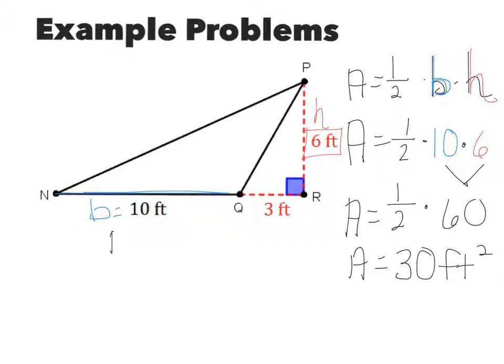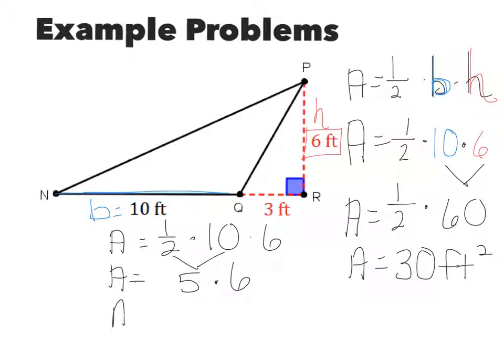Just so you see that the order does not matter, let's do 1/2 times 10 times 6. So 1/2 times 10 is 5. And then we have 5 times 6, which gives me 30 as well. So it doesn't matter the order that you multiply in, because multiplication has that awesome property called the associative property that tells you it doesn't matter which order you're multiplying in.